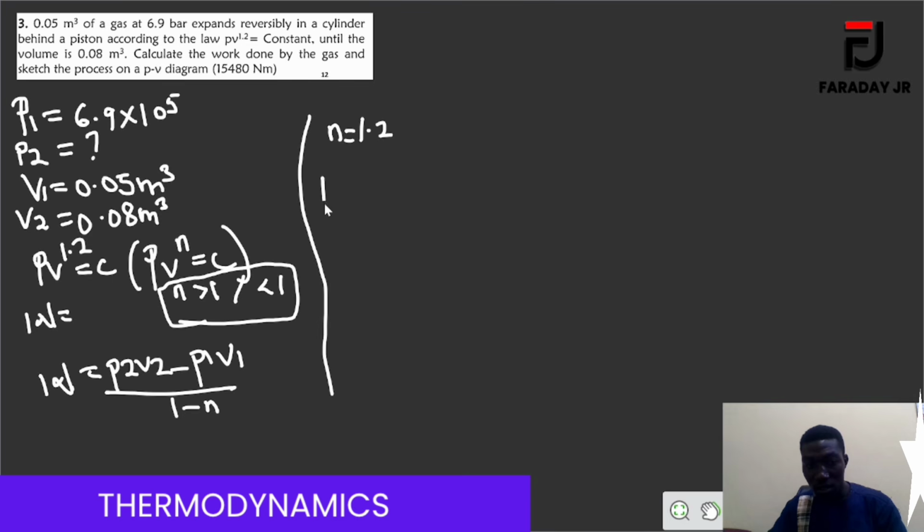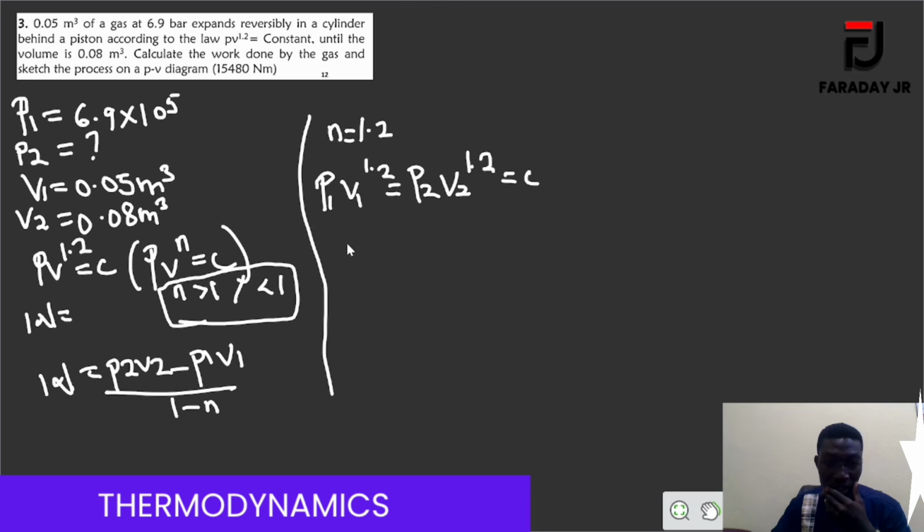The law says PV^1.2 is equal to C, so P1 V1^1.2 is equal to P2 V2^1.2, which is equal to C. Now we need our final pressure, so P2 V2^1.2 is equal to P1 V1^1.2.